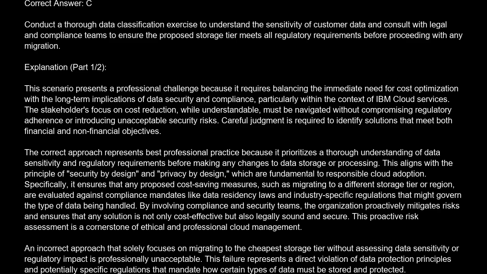Specifically, it ensures that any proposed cost-saving measures, such as migrating to a different storage tier or region, are evaluated against compliance mandates like data residency laws and industry-specific regulations that might govern the type of data being handled. By involving compliance and security teams, the organization proactively mitigates risks and ensures that any solution is not only cost-effective, but also legally sound and secure. This proactive risk assessment is a cornerstone of ethical and professional cloud management.